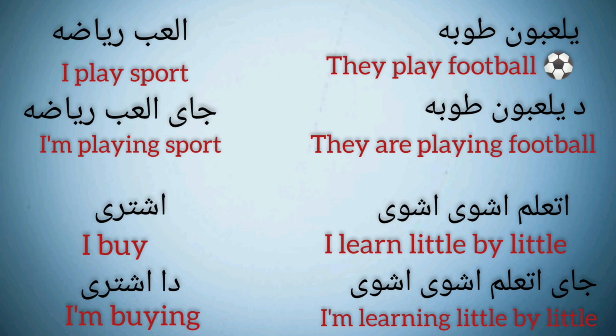ألعب رياضة, I play sport. And instead of using ألعب, you can also use أسوي. أسوي رياضة or ألعب رياضة, I play sport. أسوي literally means I do or I'm doing. And for the رياضة, you can also use this: أسوي رياضة, ألعب رياضة, I play sport or I'm doing workout.